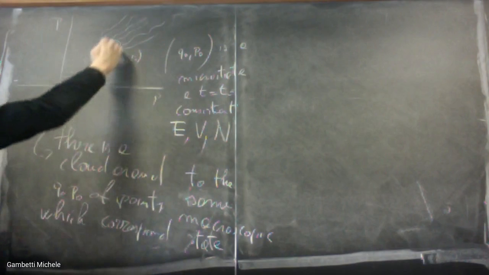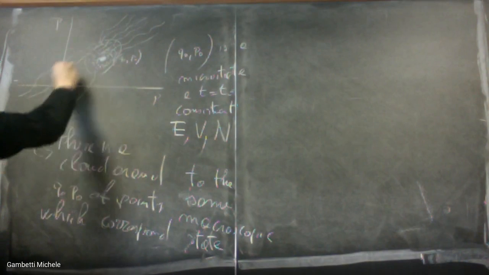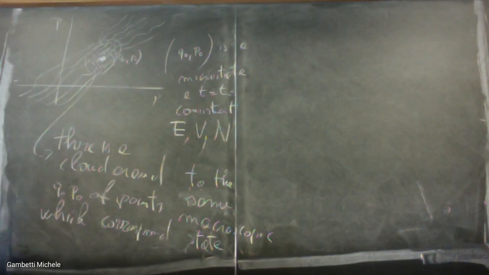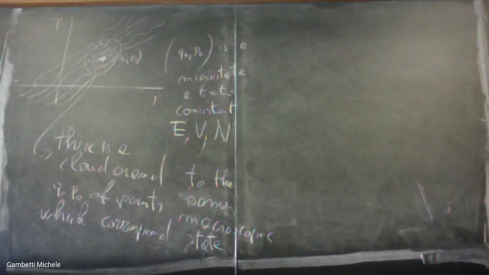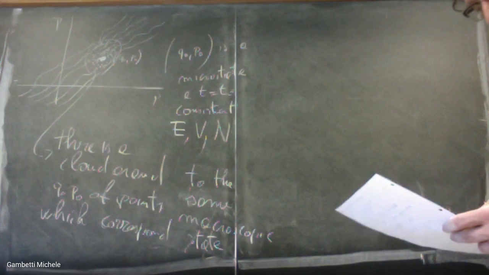This is in the future, and this was in the past. So these representative points, which correspond to the same macroscopic state, all evolve in time following the Hamilton equations.